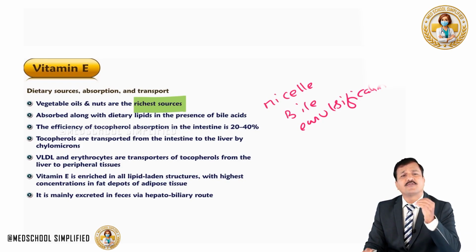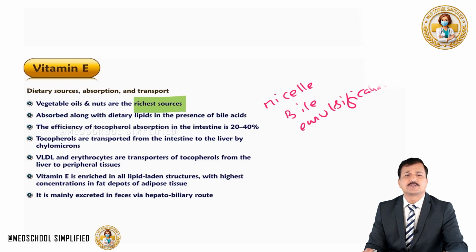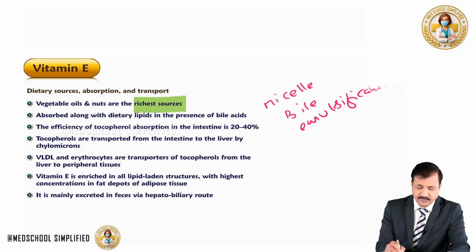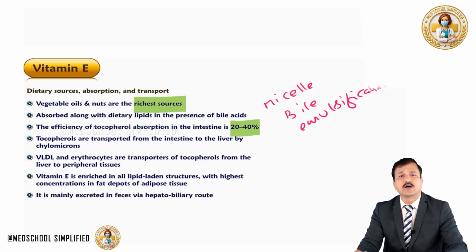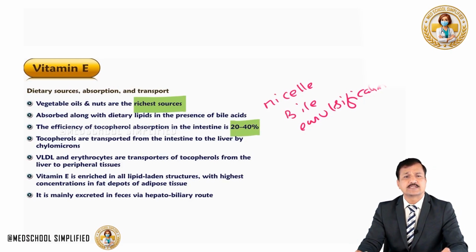As such, the efficiency of tocopherol absorption in the intestine is very low: about 20 to 40% of dietary tocopherol is absorbed.